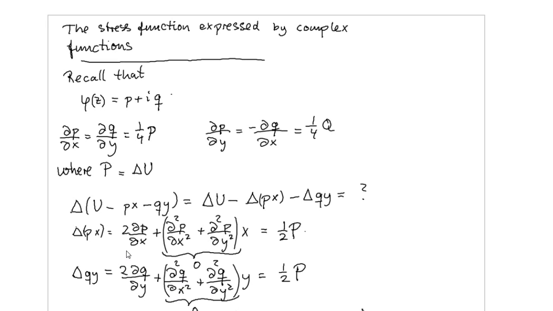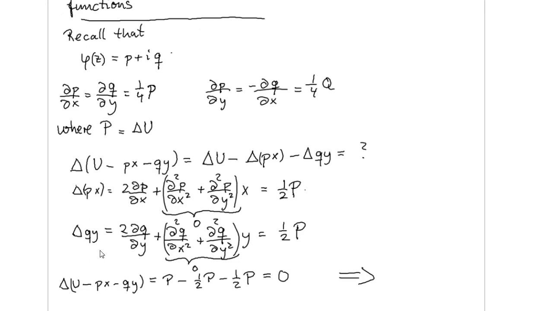So therefore we are left with a simple expression, 2 times the partial derivative of p with respect to x, and we know what this is. This is 1/4 of p, and multiplying with 2 we obtain a half p. Similarly, we obtain that the Laplacian of qy can be replaced by just 1/2 p.